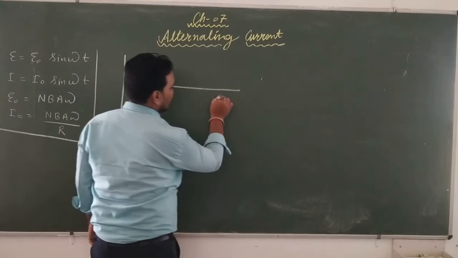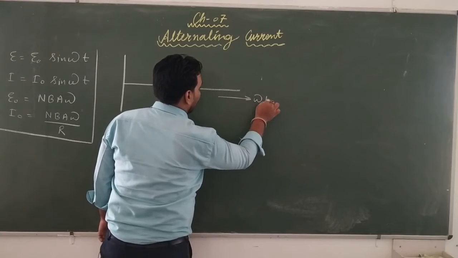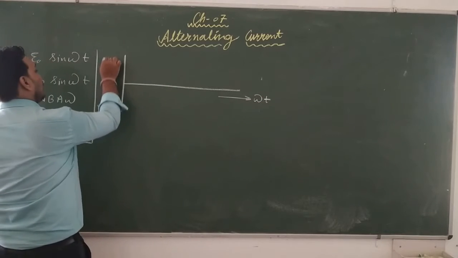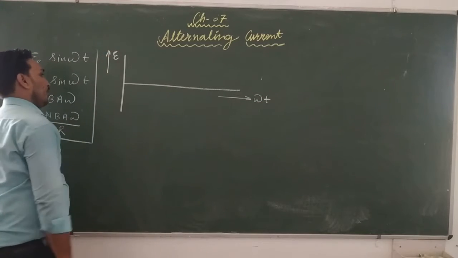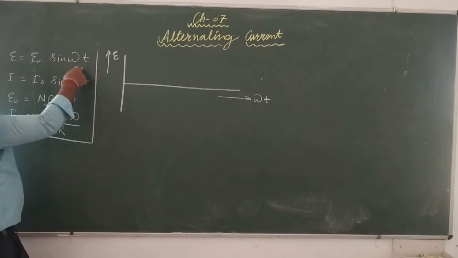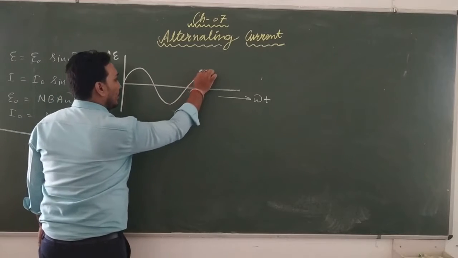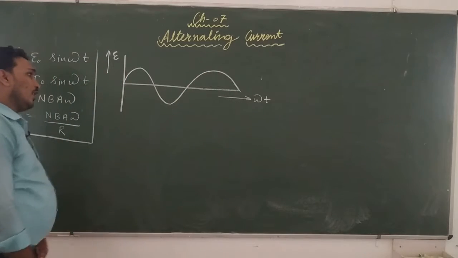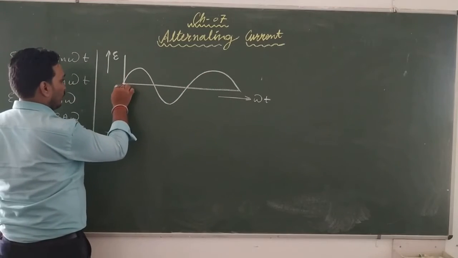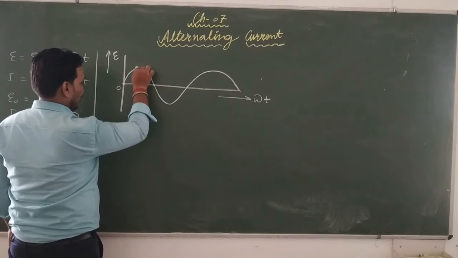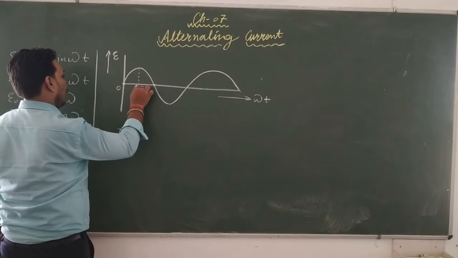Okay, on the x-axis I am taking omega t, on the y-axis I am taking EMF, right? So basically it is a function of sin omega t. So we are going to have a graph of sin theta, and the graph goes like this. This is the value at 0. This at pi by 2.